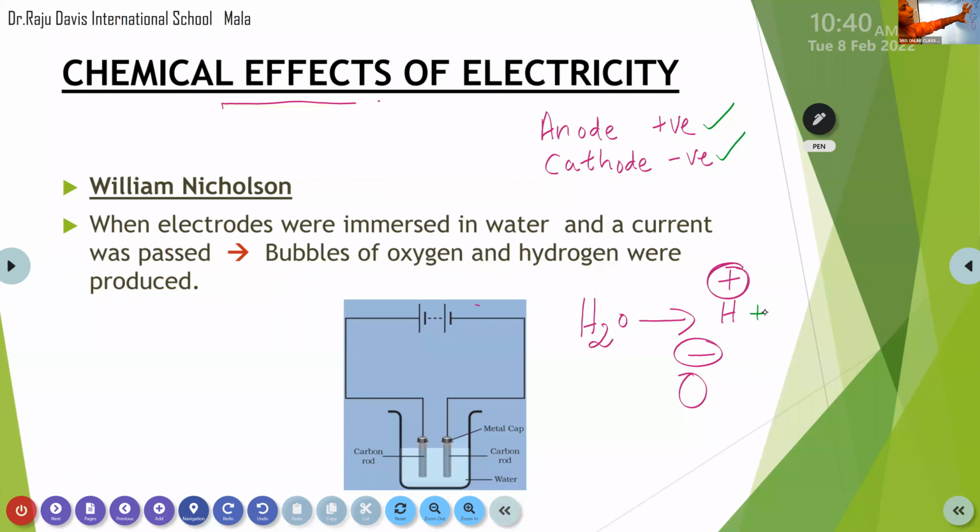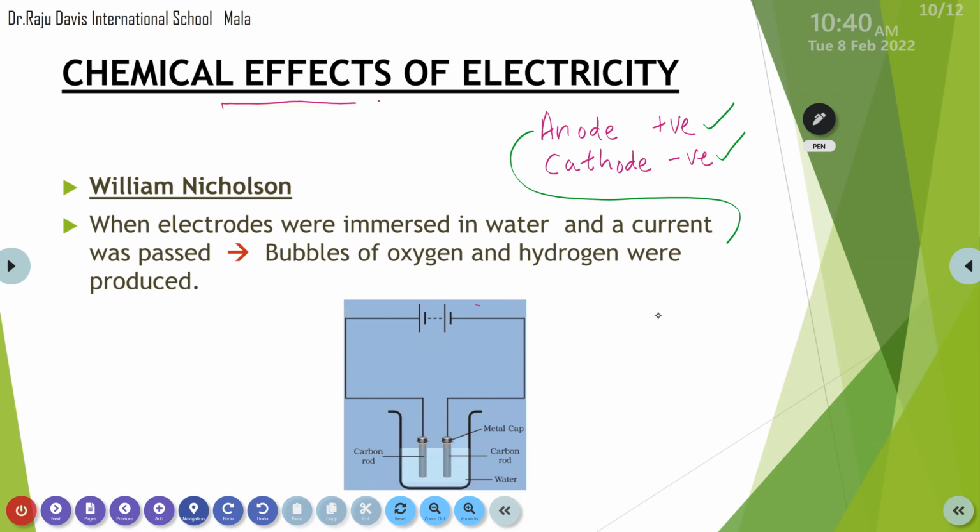Then my question: the anode is positively charged and the cathode is negatively charged, and here hydrogen is positively charged and oxygen is negatively charged. So which component moves towards the anode, hydrogen or oxygen? Oxygen. Why?